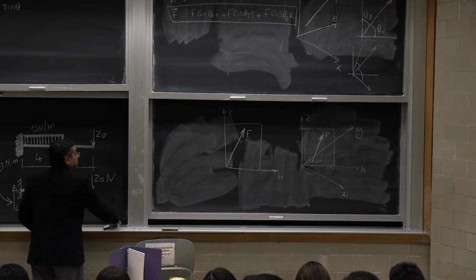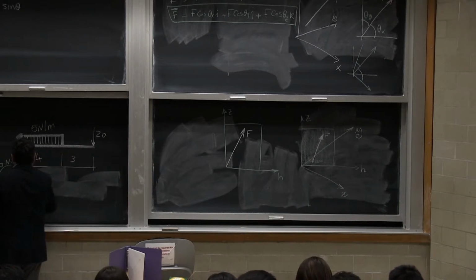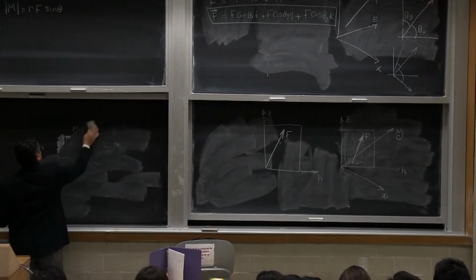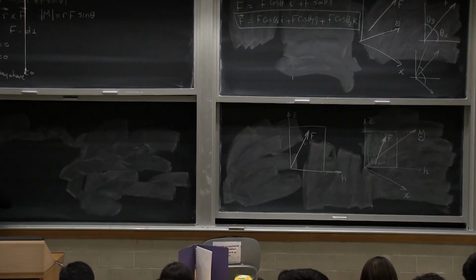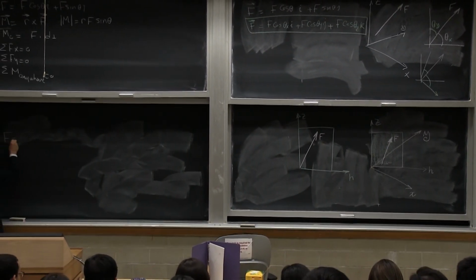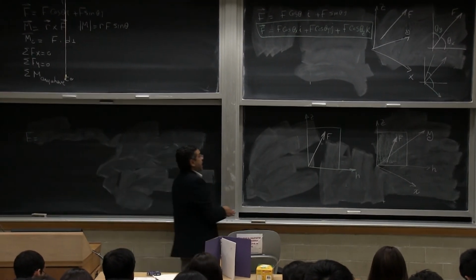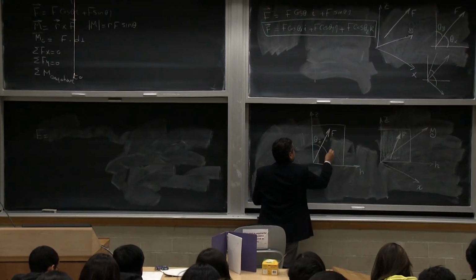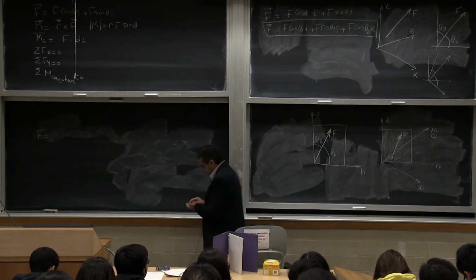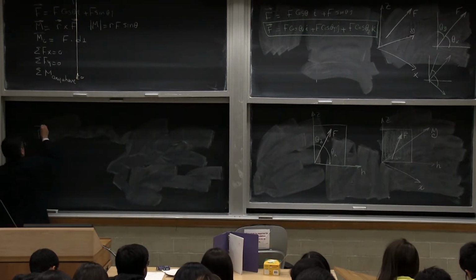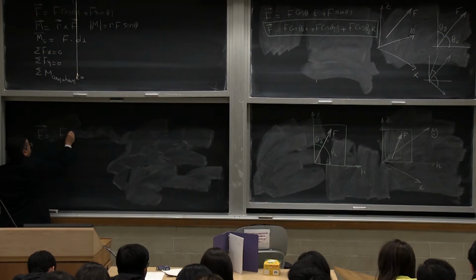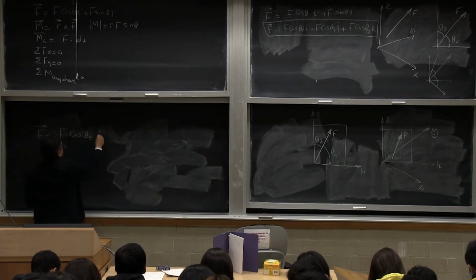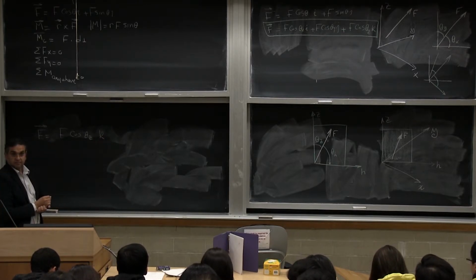I can simply write that F equals, well, if I call this angle theta z, and this angle here theta h, then I can write that F equals F cos theta z in the direction of k, which is this.